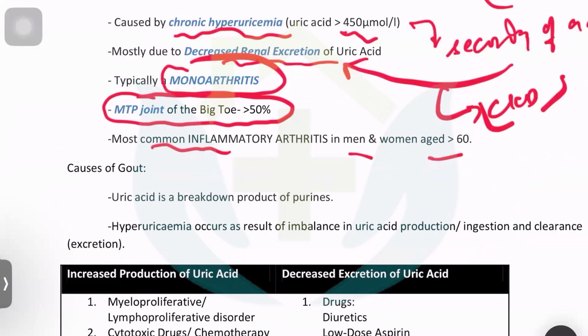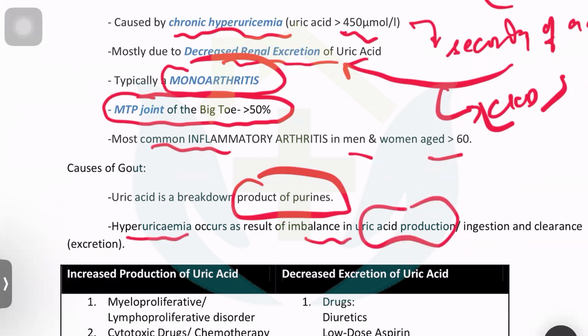Now, as I told you, uric acid is a byproduct of purines. So hyperuricemia can occur as an imbalance between uric acid production and excretion. Purine degeneration occurs whenever you are treating a solid cancer also, bone marrow tumors, hematological cancers. Whenever you are treating them, the damage of the cells at a large scale leads to destruction of DNA at a large scale.